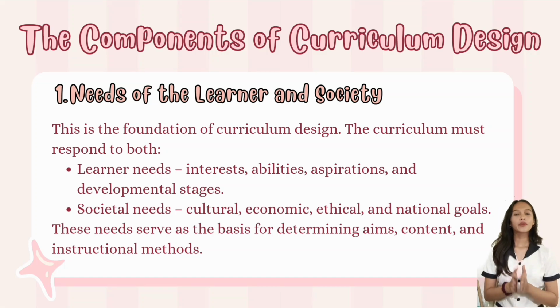For example, the Matatag curriculum addressed the issue of overloaded topics by streamlining lessons so that learners can focus on essential skills such as communication and critical thinking. So these identified needs then serve as a basis for setting clear aims and objectives, selecting appropriate content, designing meaningful learning experiences, and creating assessment that ensures students are truly prepared for both academic growth and real-life application.